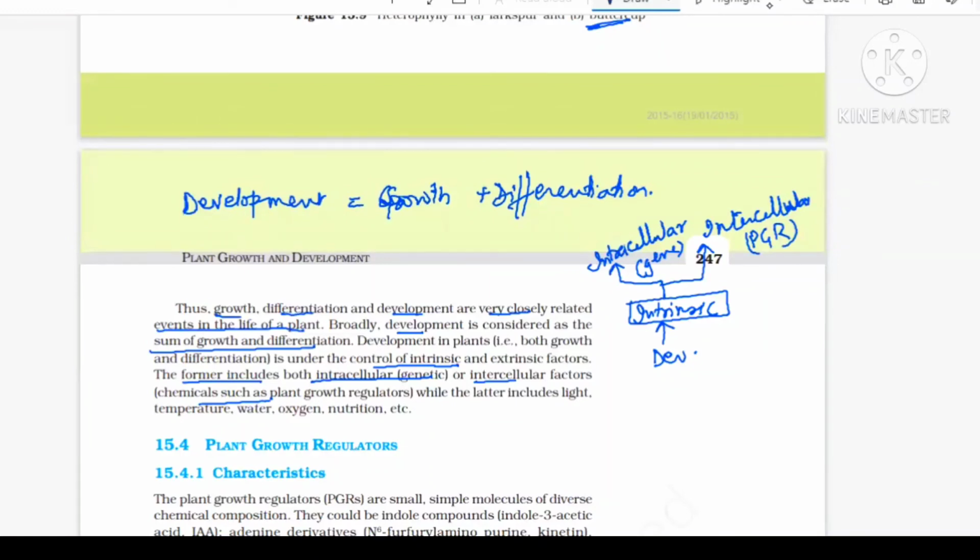Now see here, it is extrinsically controlled also, and for extrinsic: light, temperature, oxygen, and nutrition.